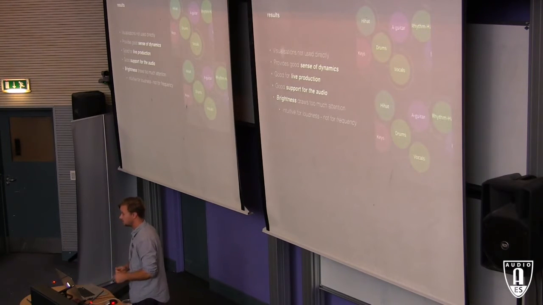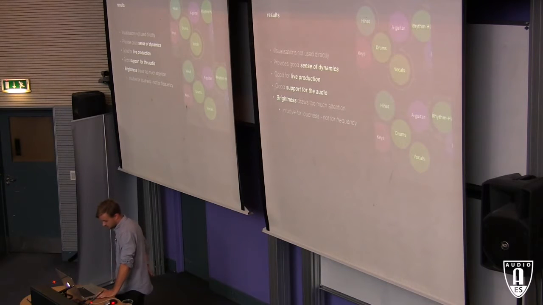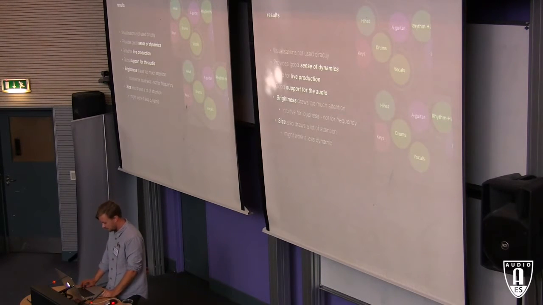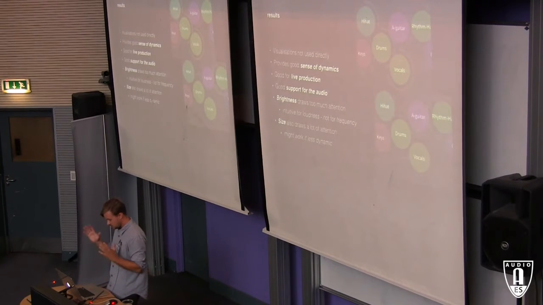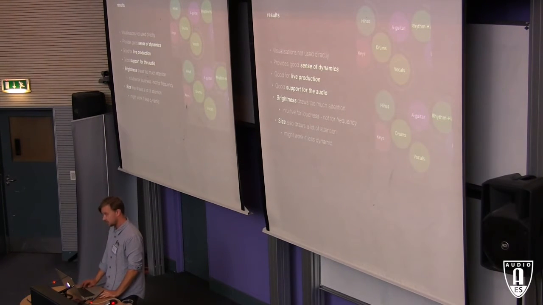Brightness was not liked. It drew too much attention. It was unintuitive for the spectral centroid. For loudness, it was intuitive enough, but again, took too much attention away from what the participants were doing at any given time. Size also drew maybe too much attention.